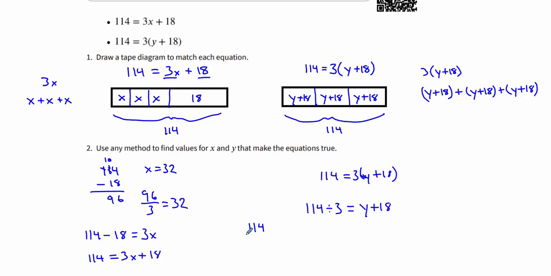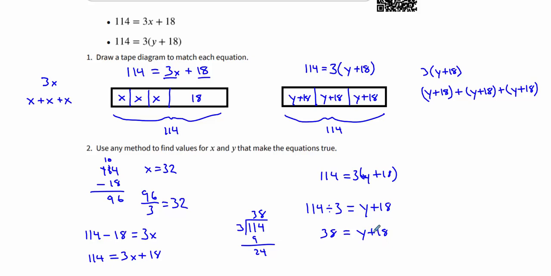114 divided by 3 gives me 38. So 38 is equal to y plus 18.